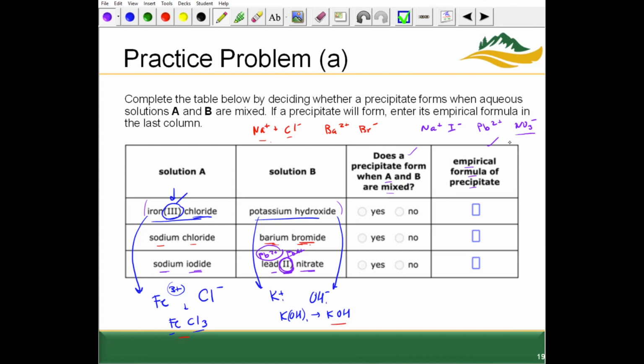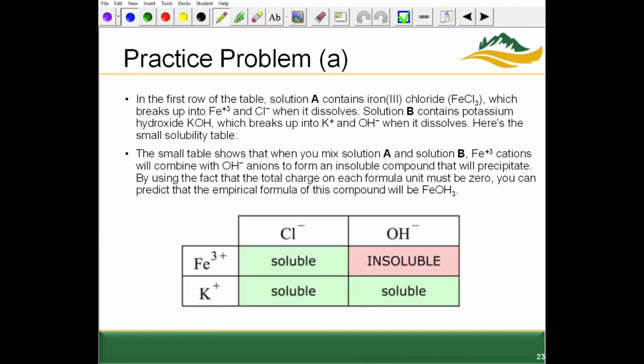card, for example. Going back to solving our first practice problem now, we know we have our iron, chloride, potassium, and hydroxide. Now let's continue on. To find every possible combination of cation and anion, we can write out something like this. So here we have iron 3+ and potassium+, Cl- and OH-.